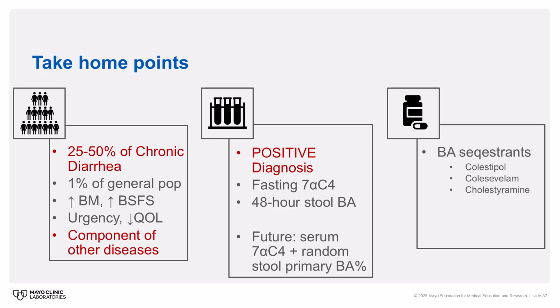We can now make a positive diagnosis of bile acid diarrhea using this fasting serum 7-alpha-C4 as a screening tool, and a definitive test with the 48-hour stool collection for total bile acids or percent primary bile acids. And in the future, we're anticipating an impact from a simpler approach, which is to do the fasting serum 7-alpha-C4 and the random stool sample for primary bile acids.